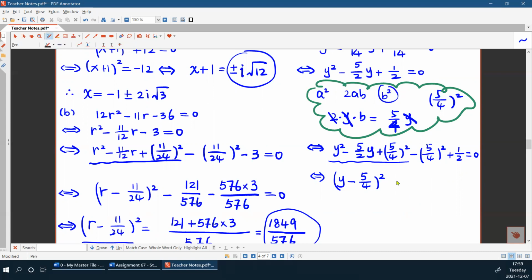And then copy the rest of the equation, which is 25 over 16 plus 1 over 2 is 32 over 16. And this is equivalent to (y minus 5 over 4) squared plus 7 over 16 equals 0, right?